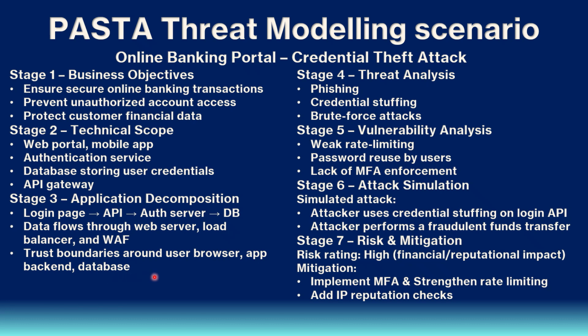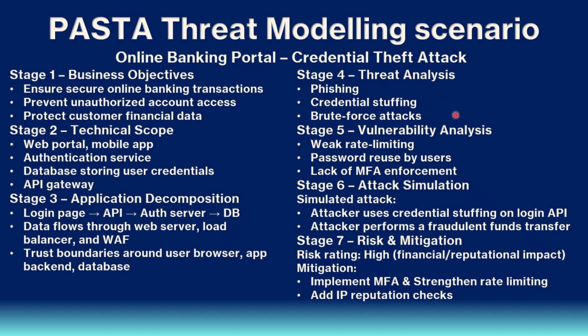Once the application decomposition is done, we know what we'll be threat modeling. On the basis of that, we'll do the threat analysis. Phishing can happen, credential stuffing can happen, and brute force attacks can happen.